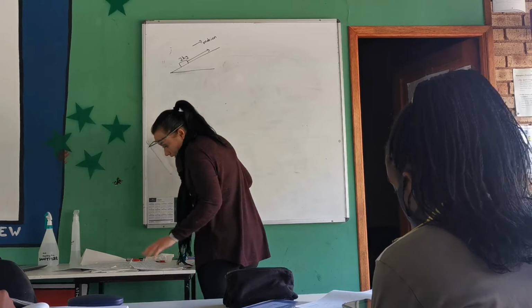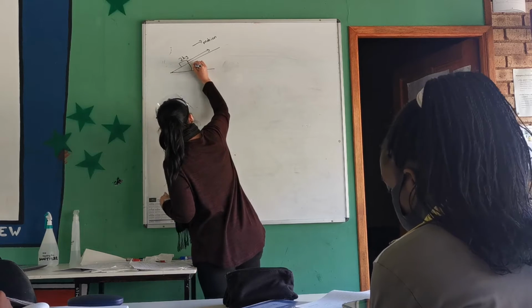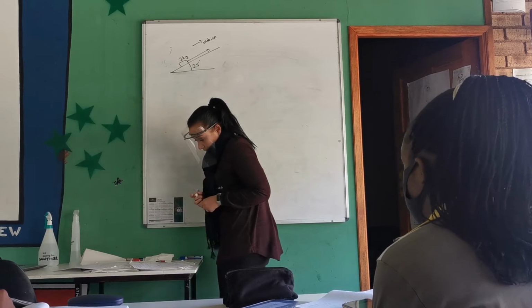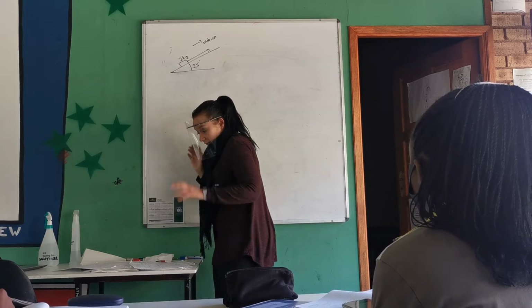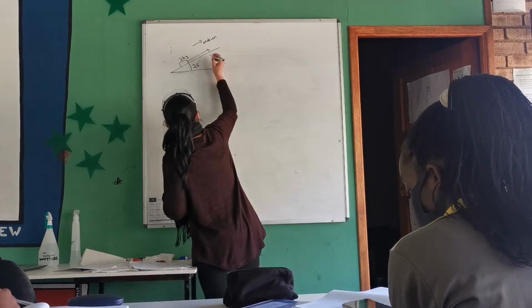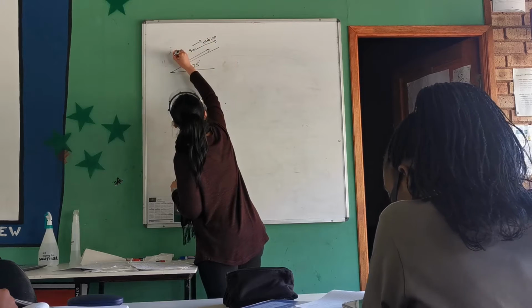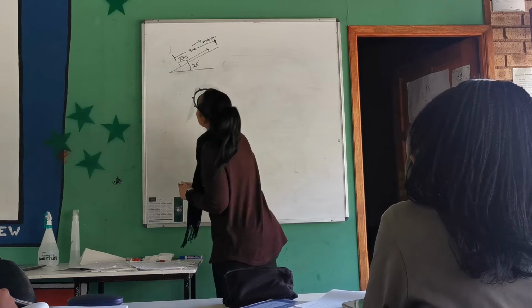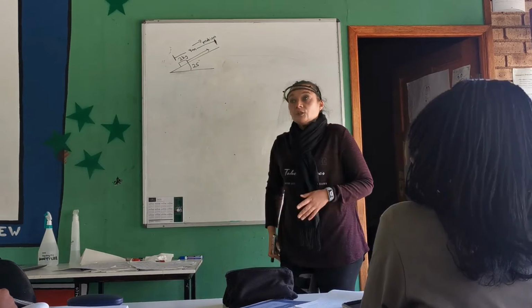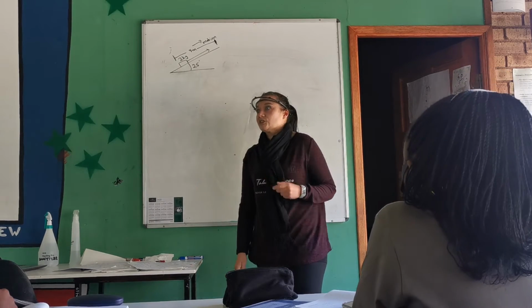Then, I have my angle of 25 degrees. Are we okay with that? All right. My angle of 25 degrees, and I know that it's 8 meters that moves up the slope. So from that point to that point is my 8 meters. So it's a given list in pictures.